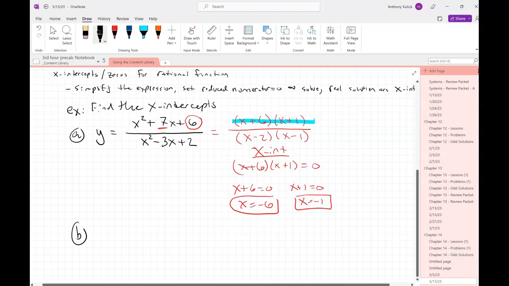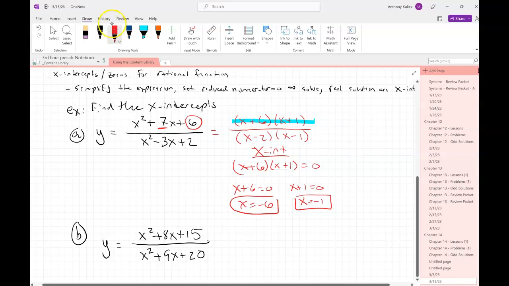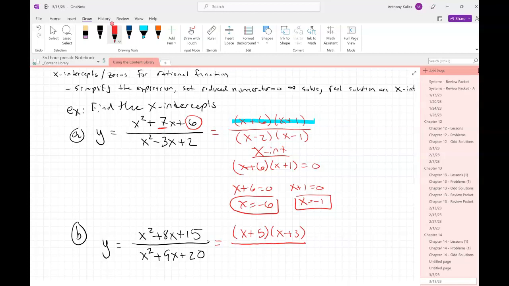Let's do another. Okay. Who can factor the numerator for me? Very good. This is a skill that you really want to be able to do and do quickly. How about the denominator? Who can do that? x plus 5, x.